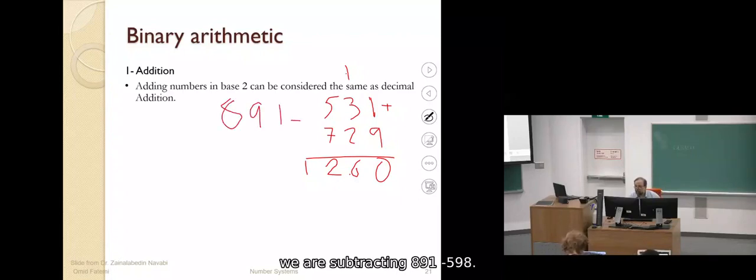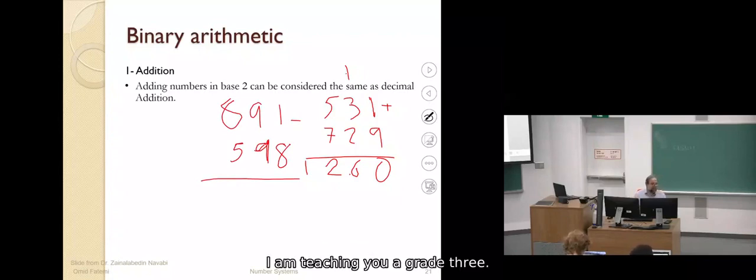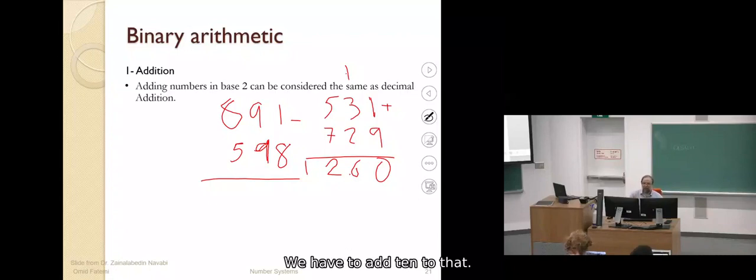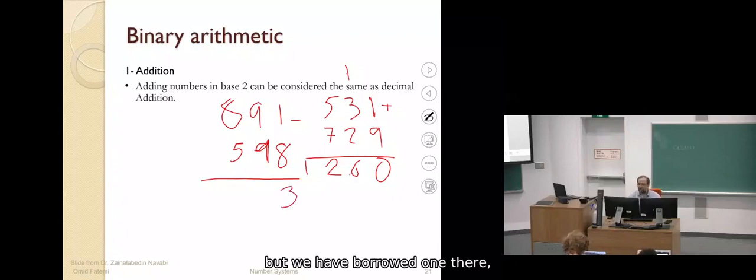And if we are doing some kind of subtraction, for example, 891 minus 598. Again, when we are doing subtraction, I am teaching you grade 3. Is it grade 3? So 1 minus 8, we have to add 10 to that. So 11 minus 8 is 3, but we have borrowed 1 there, so we have to add 1 to this.